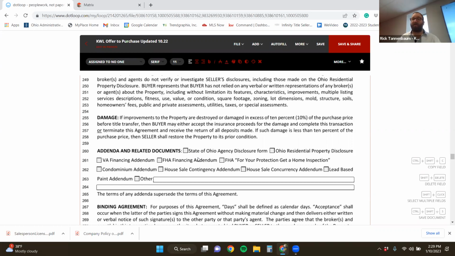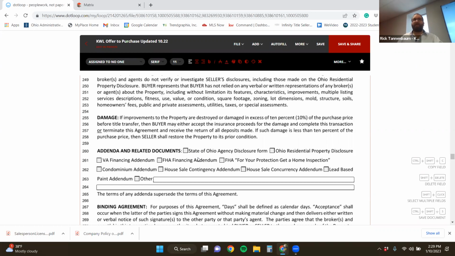So what my buyer could have done is they could have said, thanks, but no thanks, we're not buying your house, because there's new damage to the property in excess of 10%. They also had the option, they could have said, we'll buy it as is, and you're going to give us that insurance proceeds check and we'll take care of it. But who wants to deal with that hassle? Not many people, I don't think, would want to deal with that.